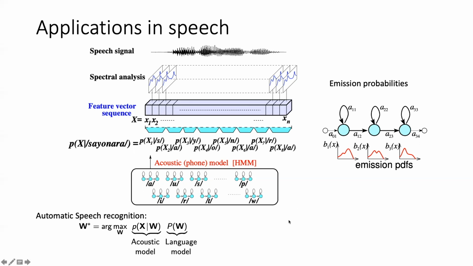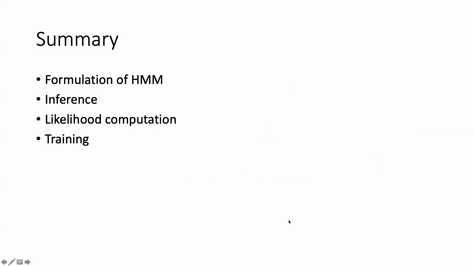That's about speech applications. Let's recap what we discussed so far. First, we considered a simple example of the POS problem, and we formulated it as a sequence learning problem and modeled it using HMM. Then we discussed the problems involved in HMM, starting with the inference problem. In the inference problem, we defined delta parameters, and using dynamic programming, also known as the Viterbi algorithm, we performed inference efficiently.